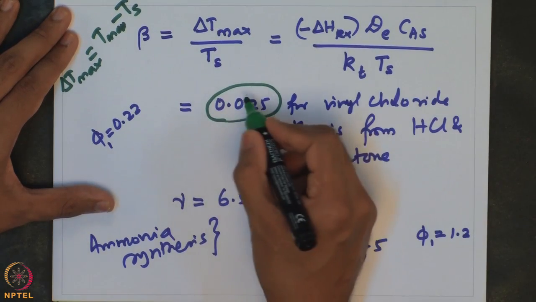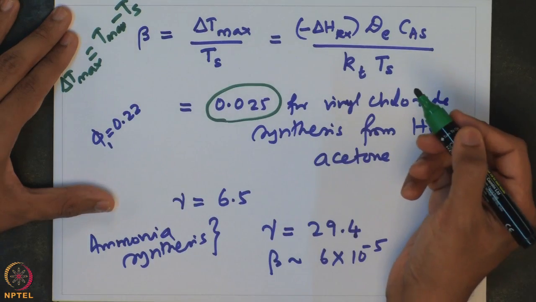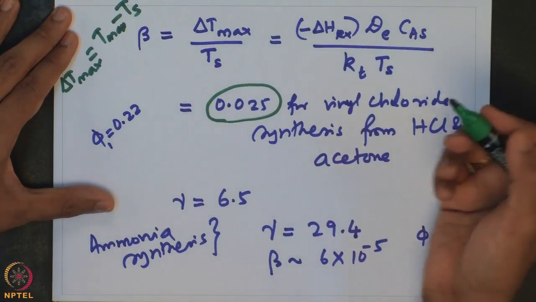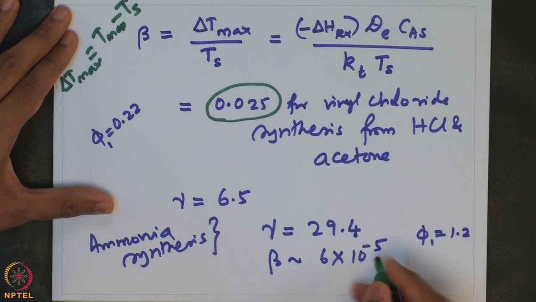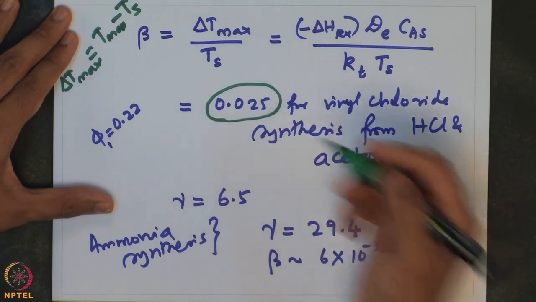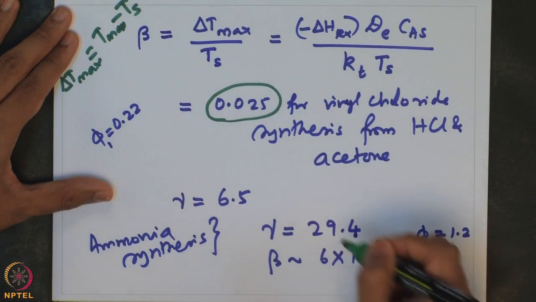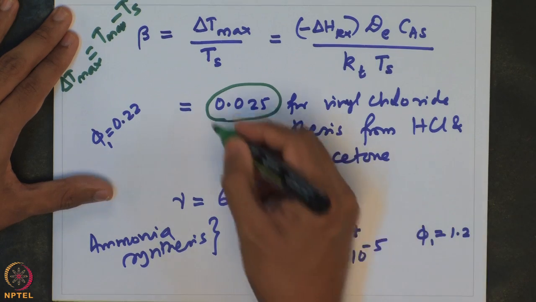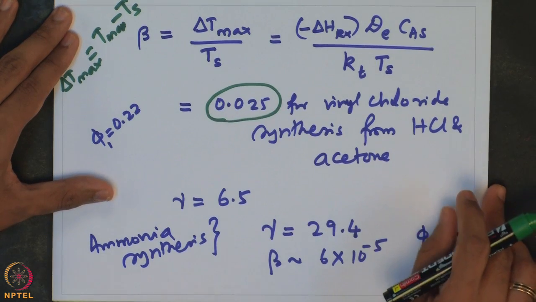If that value is very small, then we can expect that the maximum temperature reached inside the pellet is not going to be very different from the surface temperature. If it is 6 into 10 power minus 5, it is even smaller. So, the fractional difference in the maximum temperature difference which is possible is clearly a function of the value of beta that is chosen.